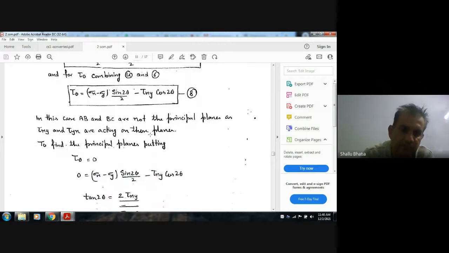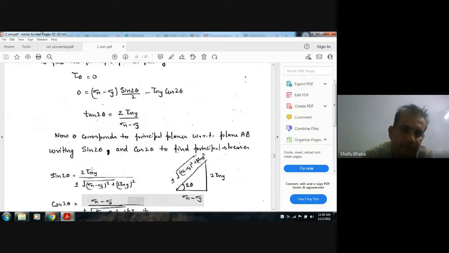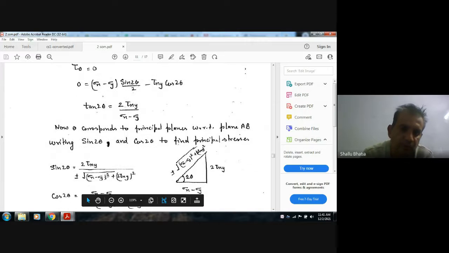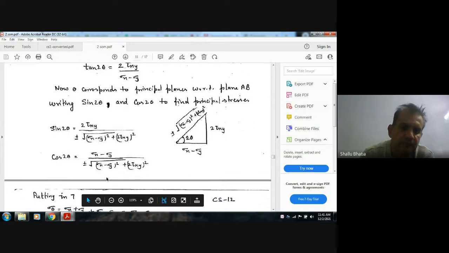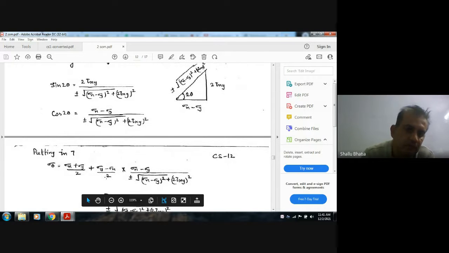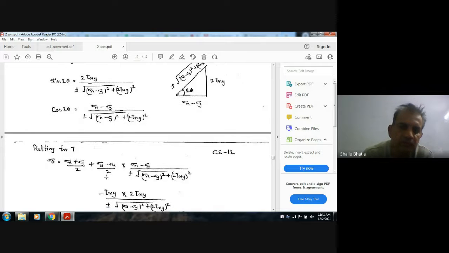If we know tangent 2 theta, we can find out sin 2 theta, taking it as perpendicular and this as base, and this is hypotenuse. So sin 2 theta will be 2 tau xy over plus minus root of sigma x minus sigma y square plus 2 tau xy square. Similarly, cos 2 theta is sigma x minus sigma y divided by plus minus root of sigma x minus sigma y square plus 2 tau xy square.